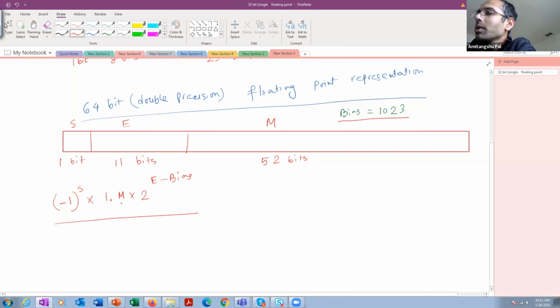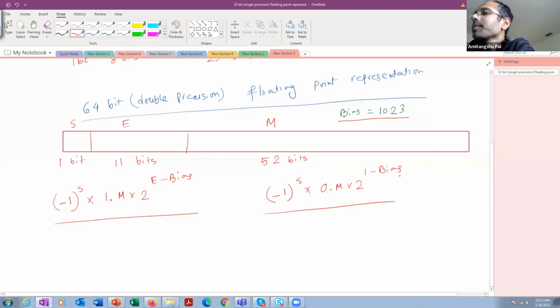The number of bits in the mantissa is going to change, the number of bits in e is going to change, and the bias term is going to change. Similarly, for representing a denormalized value, the corresponding formula is (-1)^s times 0.m times 2^(1 minus bias). Here also the only things that are going to change are the number of bits in m and the bias term. Everything else will remain exactly the same.